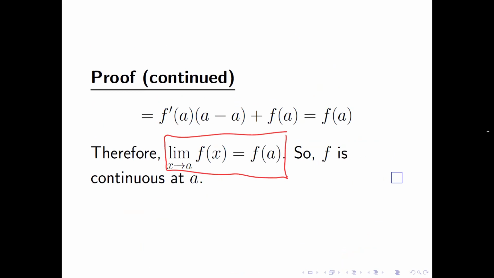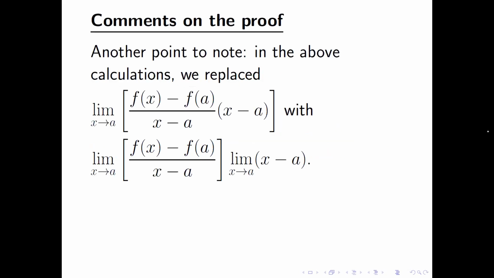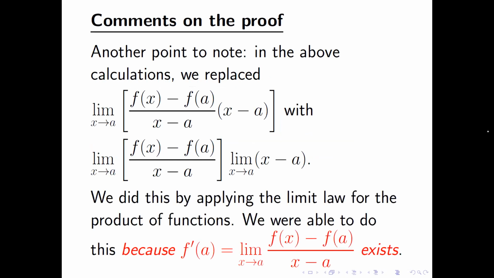We have shown that the limit as x approaches a of f of x is equal to f of a. And here we note that f of a is a constant relative to x.